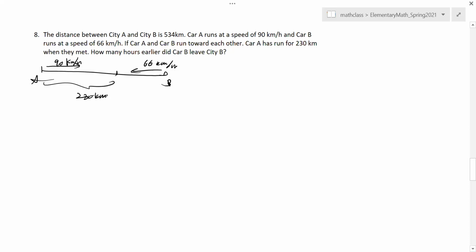We don't know whether they leave at the same time. We want to find out. This is the place they're meeting. That's all the information we have here. It's similar to the above problem. If you understand the above problem, you can solve this.